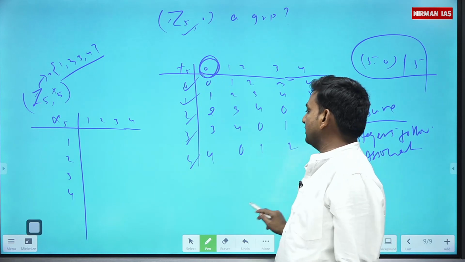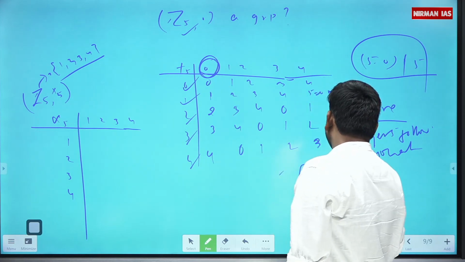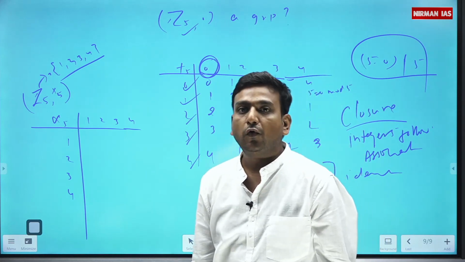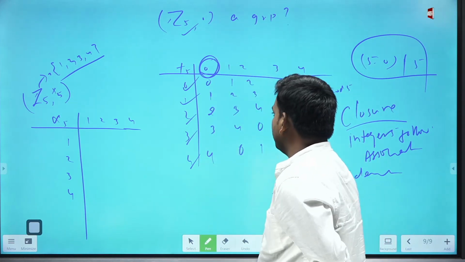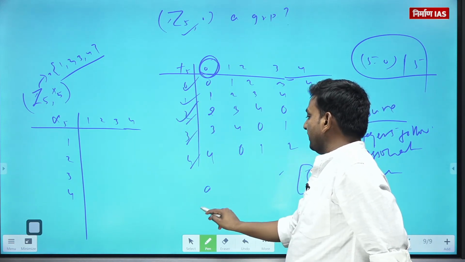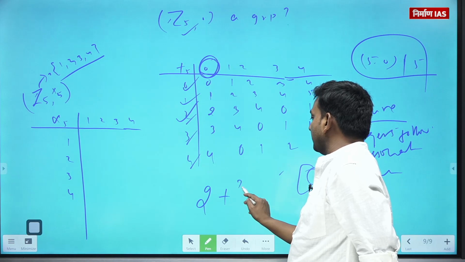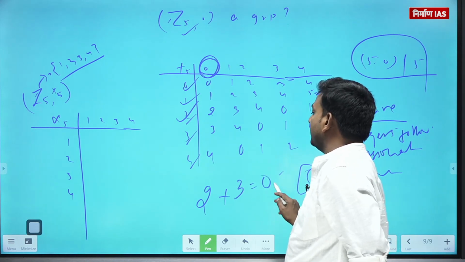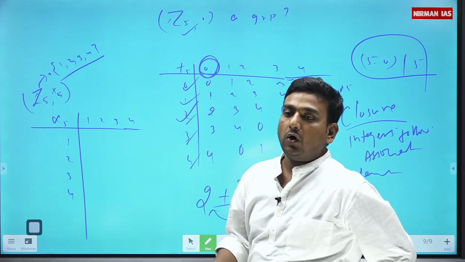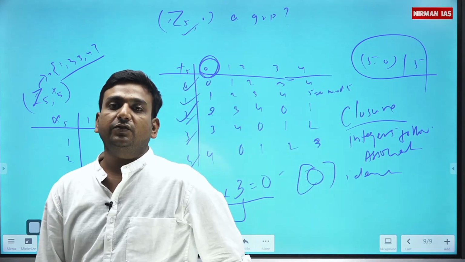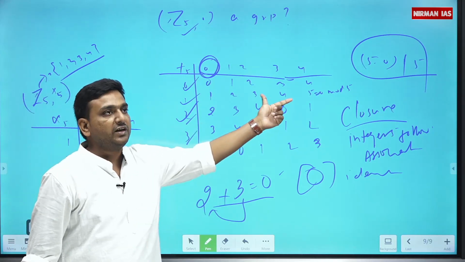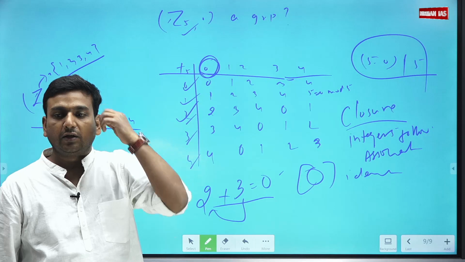So we call 0 the identity element of Z5 with respect to addition modulo 5. In the same fashion, if you want to know the inverse of 2, if I do 2 plus 3, I get the identity element. So I will say 3 is the additive inverse of 2, or 2 is the additive inverse of 3. In the same fashion, you can see every element has its inverse in Z5 only.